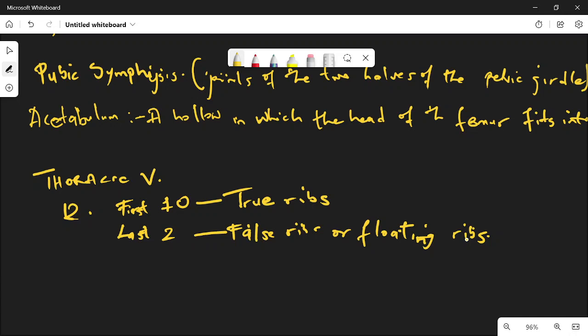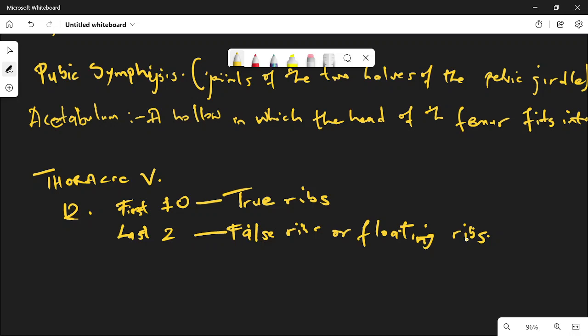The first 10 actually have an articulation with the chest bone that we refer to as the sternum. So the first 10 ribs are called the true ribs, while the last 2 are not attached to the sternum.